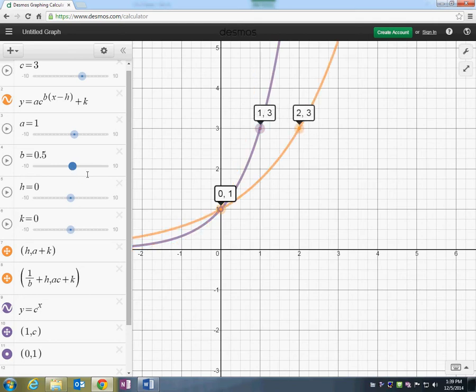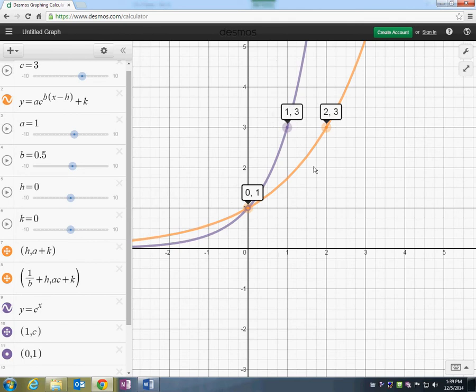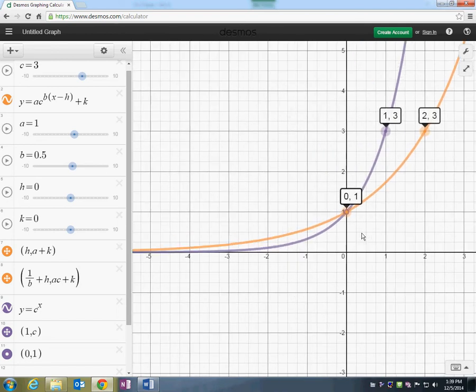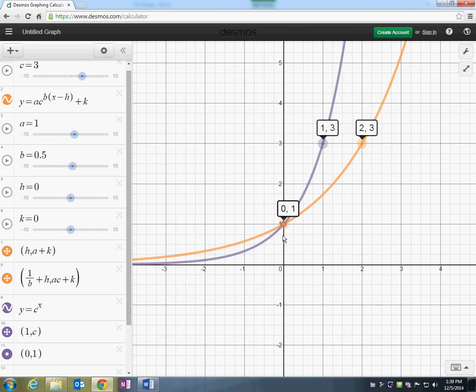And the other thing about the B value being between 0 and 1, having that horizontal stretch, is that you can see that the stretch means that the new line is further to the right of the parent function when x is positive, but when x is negative, because it's getting stretched horizontally, stretched to the left here, that's why this orange line's on the top. And you don't really have to worry about being that meticulous, but you can kind of see how the line crosses over at 0, 1.